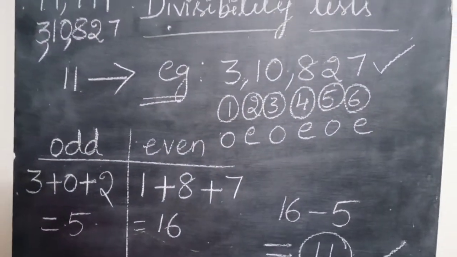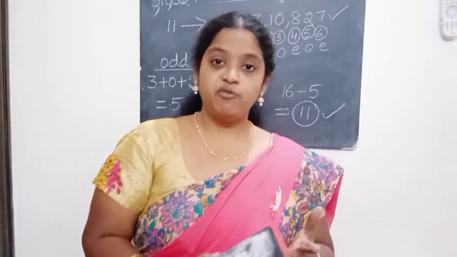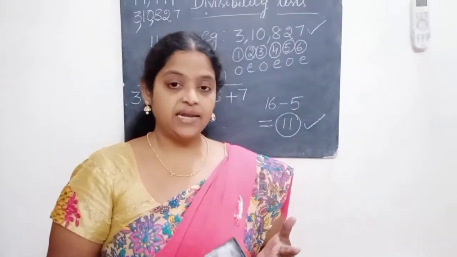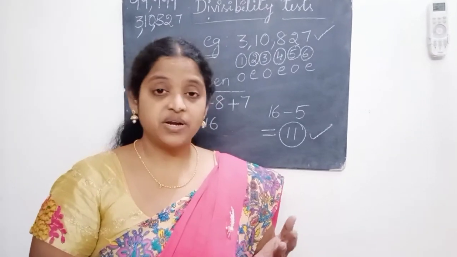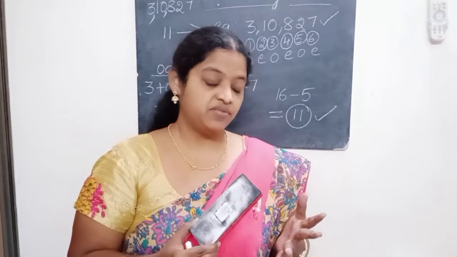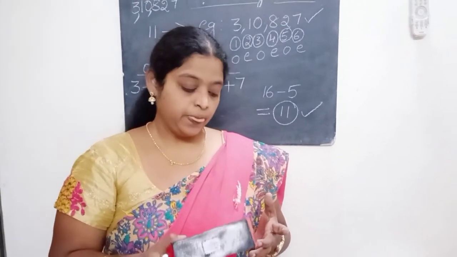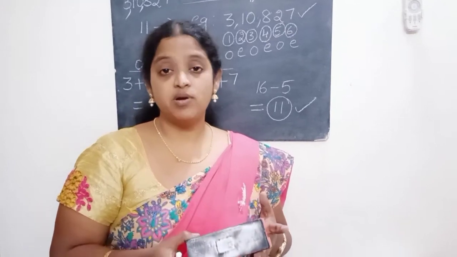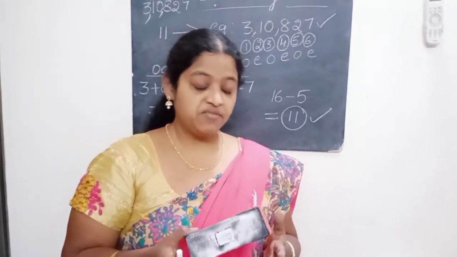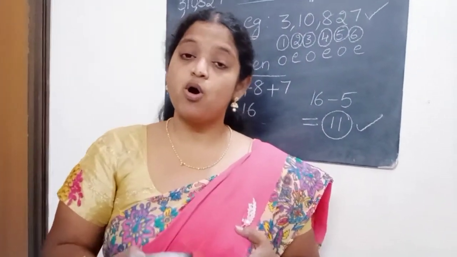Clear, children? Understand the rule? Divisibility tests for 2, 3, 4, 5, 6, 8, 9, 10 and 11. Rule 2: the ending number should be an even number. Rule 3: the sum of the digits should be divisible by 3. Rule 4: the last 2 digits should be divisible by 4. Rule 5: the ending number should be 0 or 5.